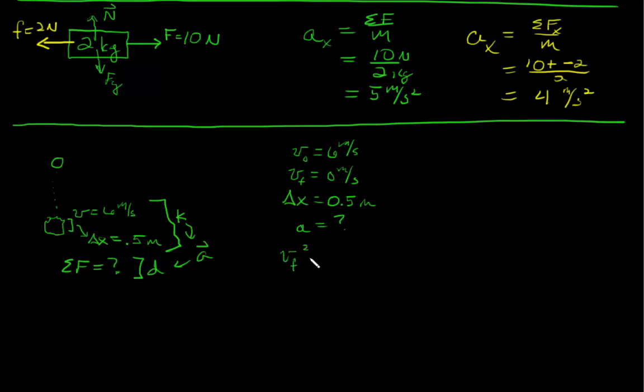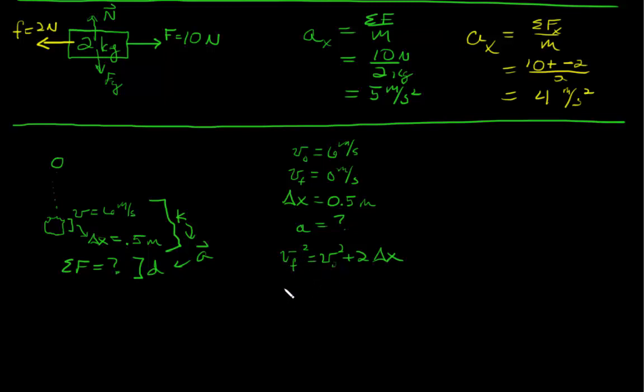this equation. I'm just going to put delta x. Your equation says x f minus x naught, but that's just the change in position. I know how far it went in total, so I don't care about the individual x's. My final velocity is 0, so that goes away.